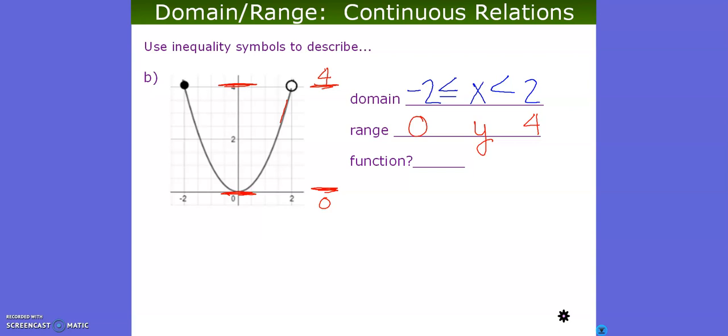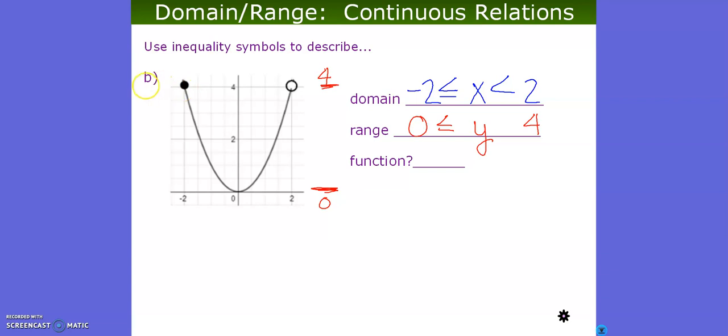Now my low point on my graph, I see the line goes through that point. So if I don't have a dot there, but it is on my line, I want to include it. So that's going to be less than or equal to. Now here's the tricky part for this one. What about up here? Because I see both a less than and a less than or equal to sign, possibly, because I've got an open and a closed circle.